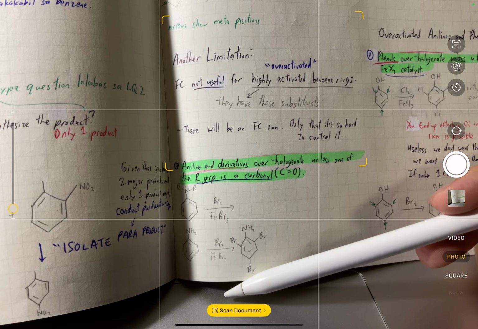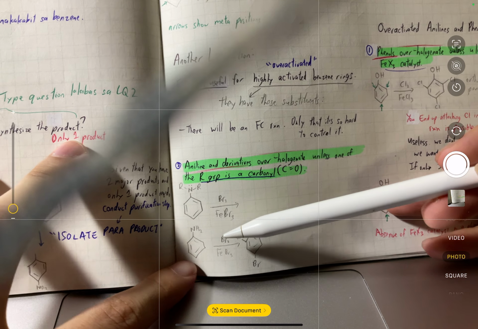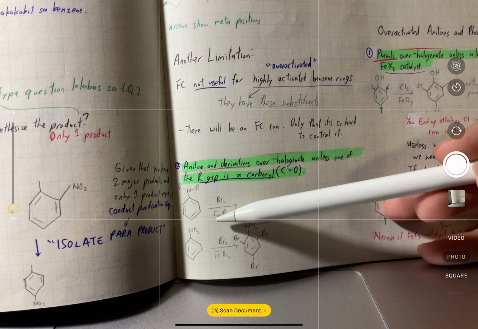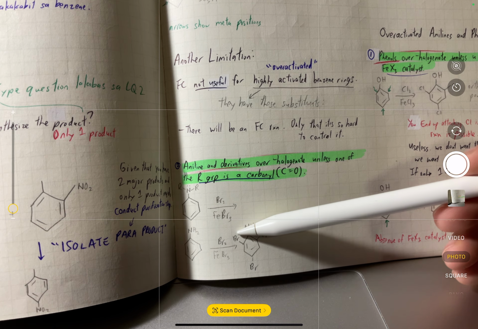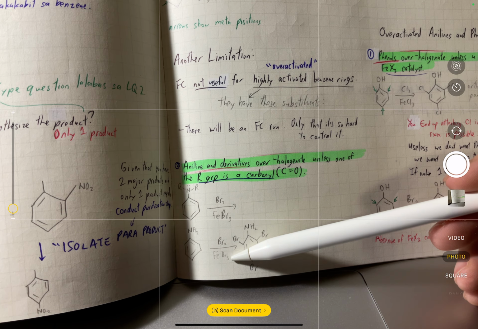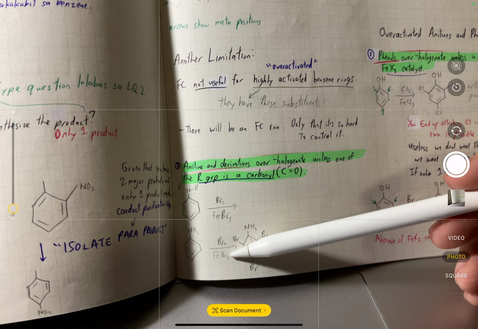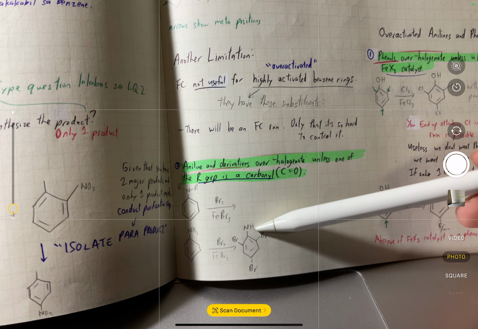So this is what happens if your aniline is mixed together with your FeBr3 catalyst and your bromine. It overhalogenates.